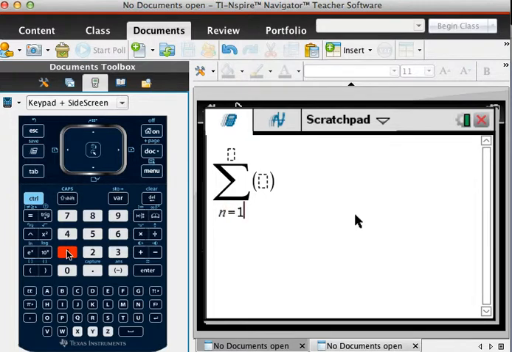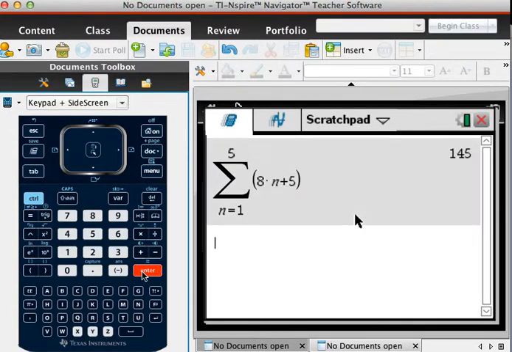We always start at 1. We end, in this case, for problem 1A, at 5, and then you're just going to put the formula in there. So 8n plus 5. Then all you have to do is push enter. The total is 145 when you're adding up the first 5 terms.